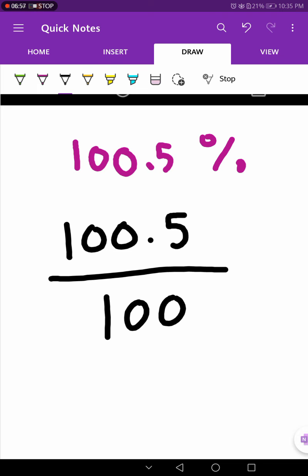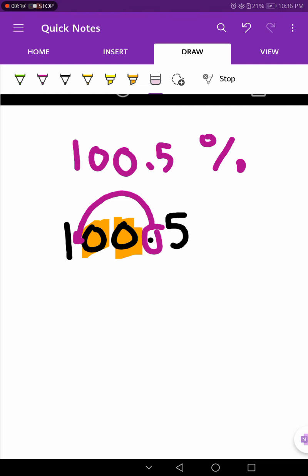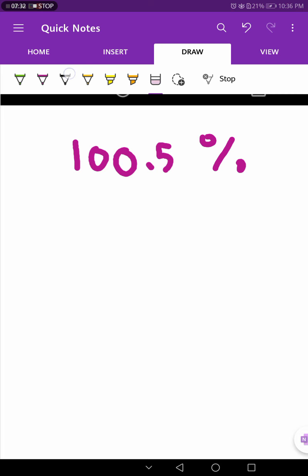We have to move the decimal point 2 digits. I like the orange one. Okay, 1, 2. So this decimal will move here.